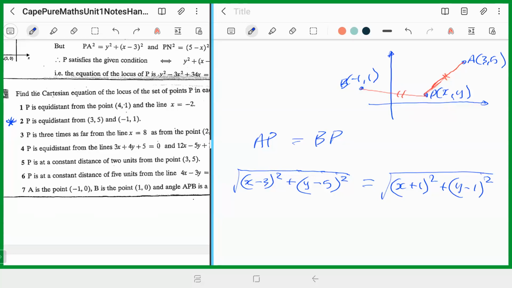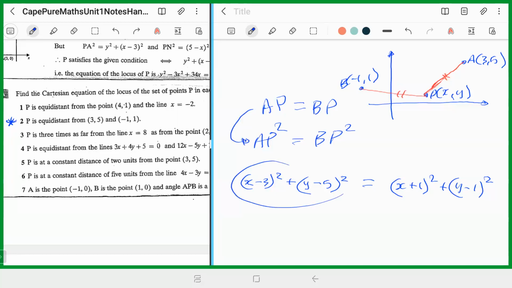First thing you're going to do is square both sides. If I square both sides from here, then I would not need the square roots. So you can approach it this way as well. This is length on both sides, so just leave out the square root on both sides. AP equals BP means that AP squared equals BP squared.